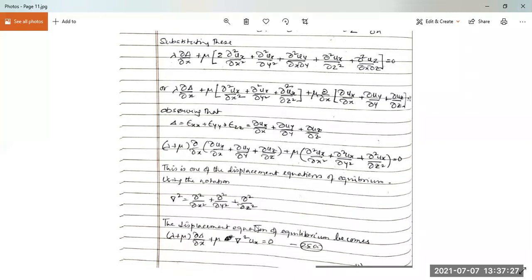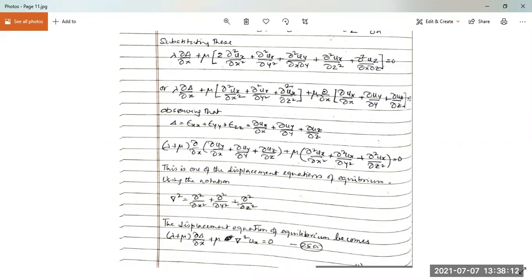The displacement equation of equilibrium thus becomes (λ plus μ) ∂Δ/∂x plus μ ∇²u_x, where everywhere we are differentiating u_x. Here we are putting this equation.